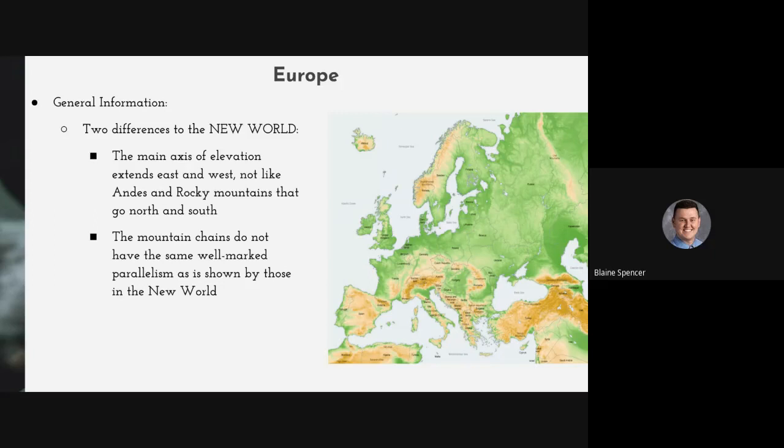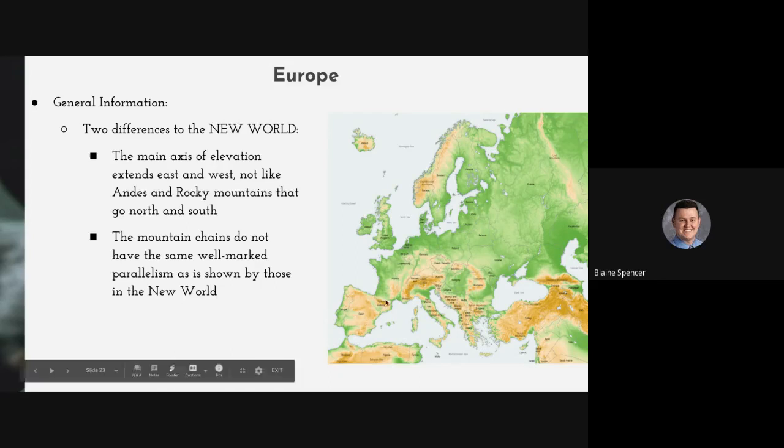All right, so Europe is going to have two distinct differences from the New World, from North and South America. Okay, first off, the main axis of elevation extends east to west, not north to south. So, not like the Andean Rocky Mountains that go north to south, that was part of one of the general rules.